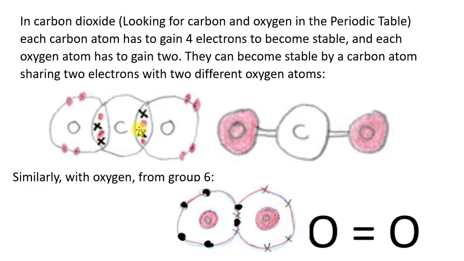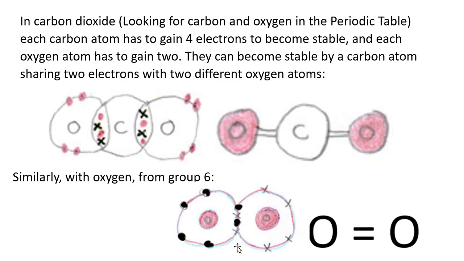And I could replace those diagrams, the dot and cross diagrams as they're called, with just 2 lines on either side of the carbon. Same with oxygen. As we've already seen, oxygen is in group 6, with 6 in the outside shell. 2 oxygen atoms can combine together. They share 2 pairs of electrons.